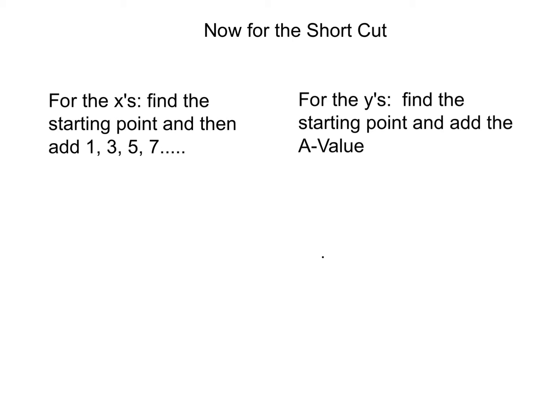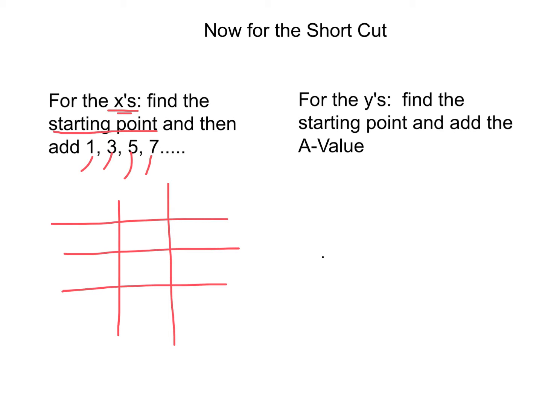So I'm going to show you a couple neat tricks. Now for the x values, if you've noticed, we start with the starting point just like we have, and then we start adding 1, 3, 5, 7 in order to get to our points. Here's our chart that we've been making. We had the x, we had what we wanted under the radical, and then we had our y.